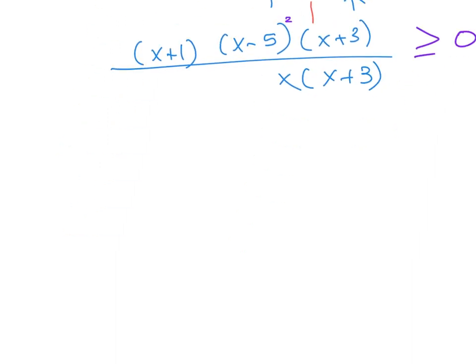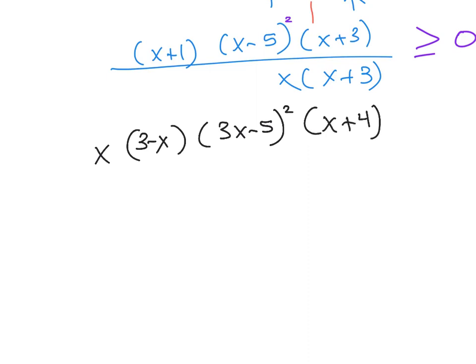Now another type of problem I would like to do with you is solving graphically. So let's say I have something like this. The first thing I need to do is to fix this.